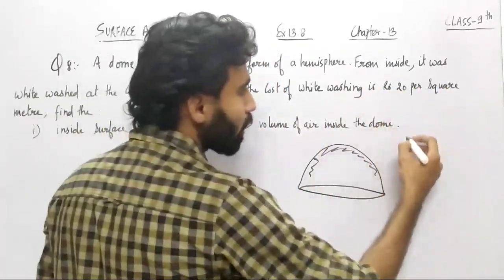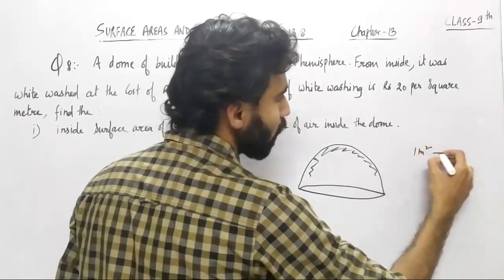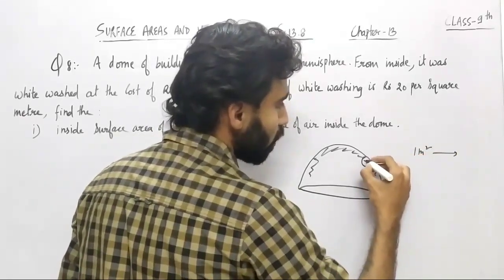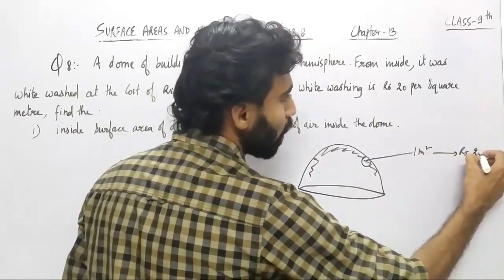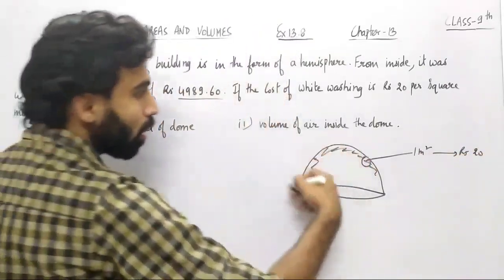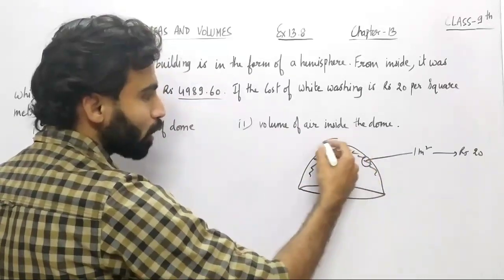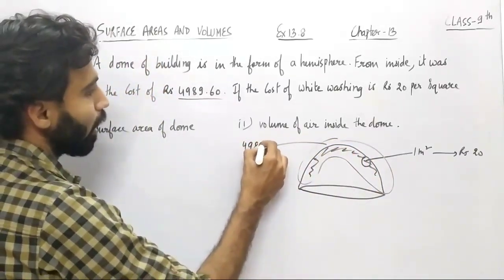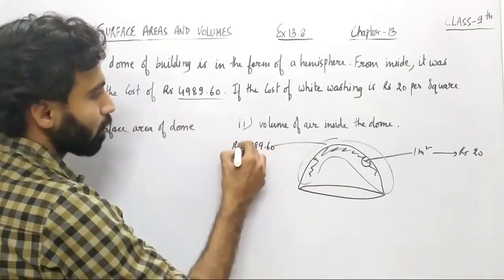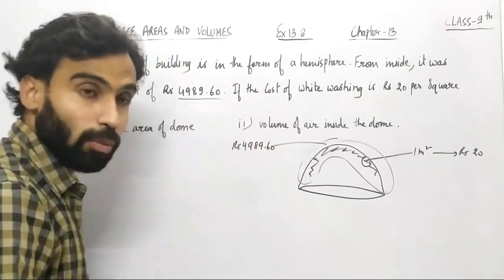So here the charge for 1 meter square is given. Suppose this part is 1 meter square, so its charge is rupees 20, right? And the total cost of whitewashing from inside is given to us as 4989.60 rupees, right?